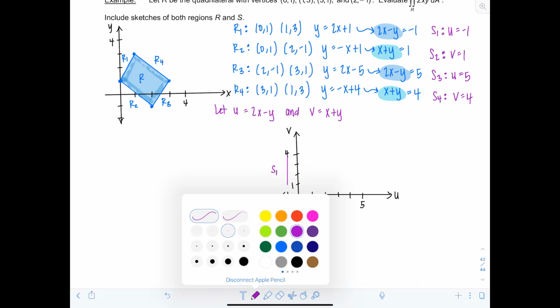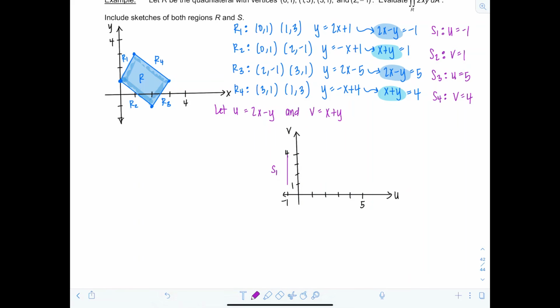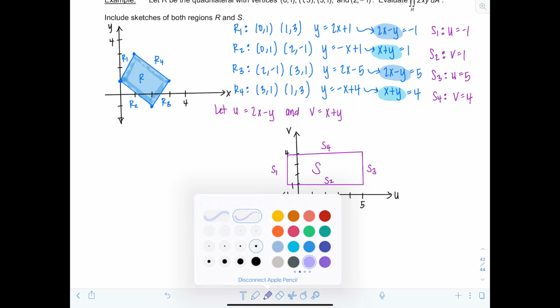S2 is where v equals 1. I'll just do them all the same color. Here's v equals 1. So that's S2. S3 is where u equals 5. Here's S3. And then S4 is where v equals 4. Beautiful. So here's our region S.